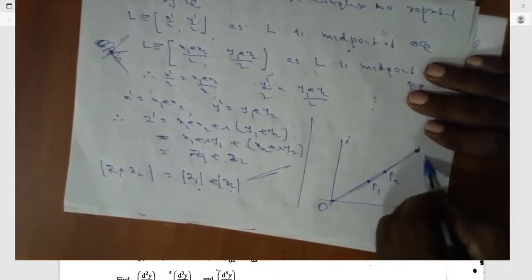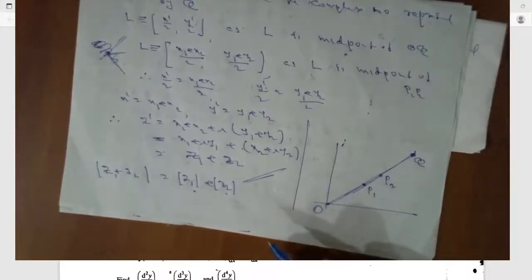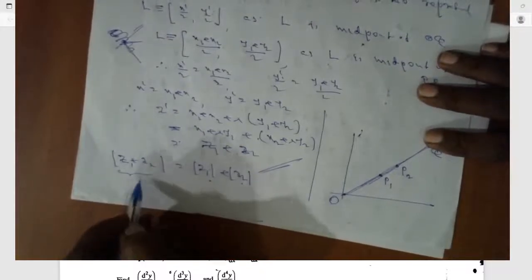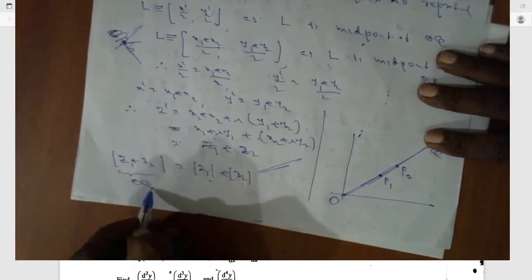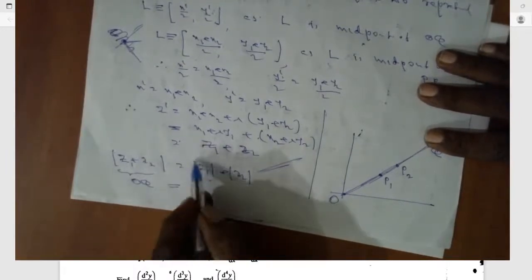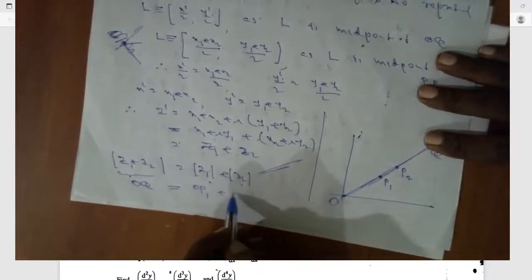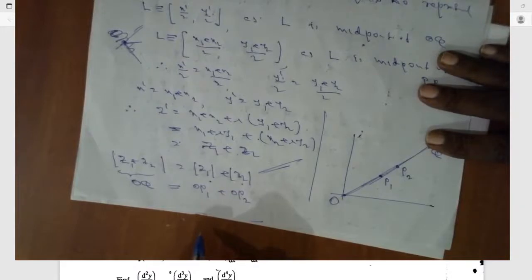So this point Q, like this, all come to one side. What is this? This is OQ. This is OP1. What is this? This is OP2. Is it clear?